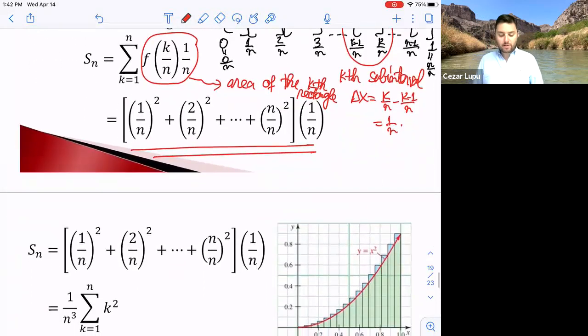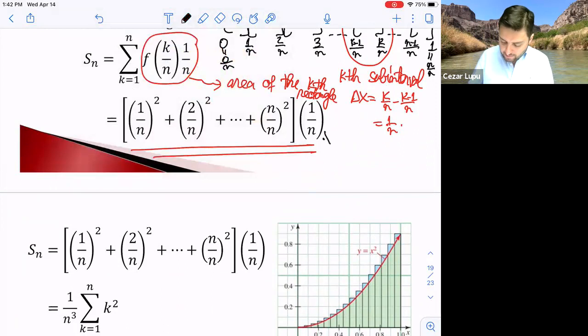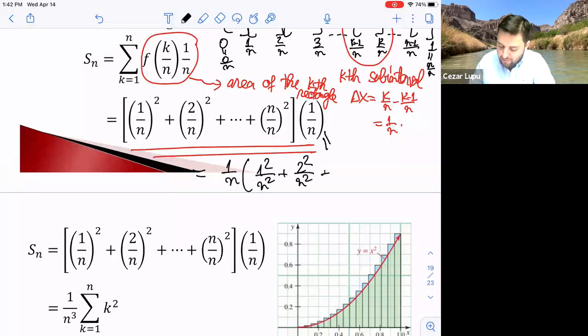We can factor, you see, this guy here, let me just write it. So this beauty here is the following. As you can see here, this is 1 over n. Let me write it here. So it's 1 over n times 1 squared over n squared plus 2 squared over n squared plus n squared over n squared.